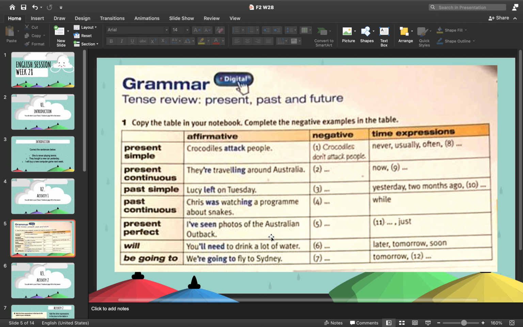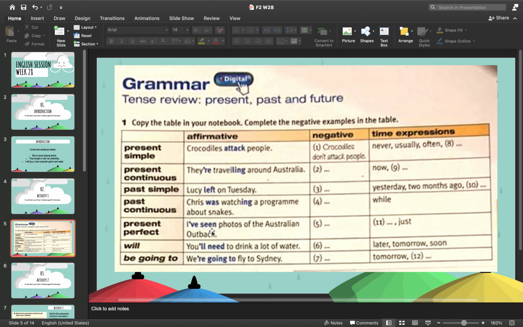Okay, first sekali dia ada auxiliary verb have atau has. Kemudian verb utama dia mesti dalam bentuk past participle. Ingat lagi tak teacher ajar? I have, she, he, it has, we, you, they have.